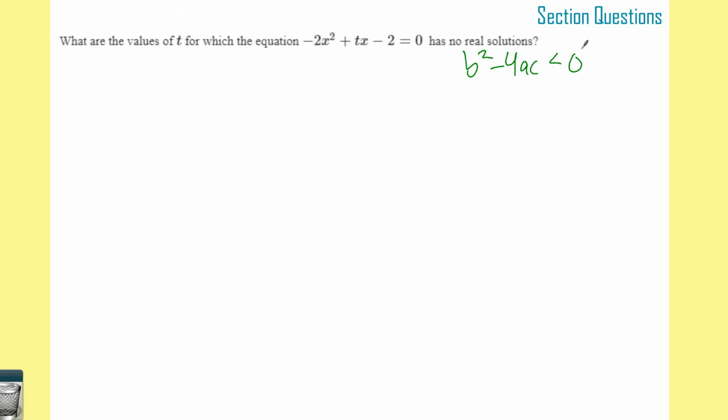Okay, so we plug things in. We get t squared minus 4ac is less than 0. So we get t squared, too many negatives. 16 is less than 0.